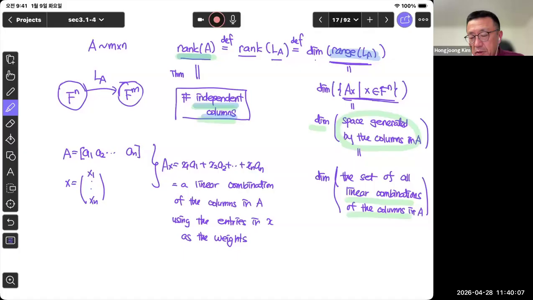Symbolically, this is just the A times X vectors. So if you consider those A times X vectors, the dimension of those spaces will be just the number of independent columns in A matrix. So those are the meaning of these statements, theorems. So please read this carefully.